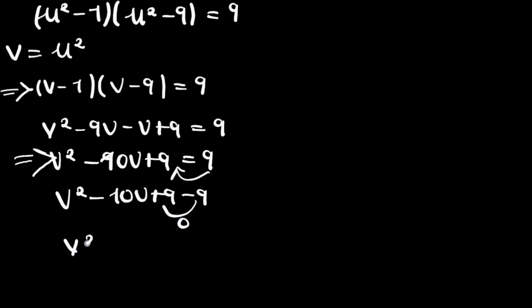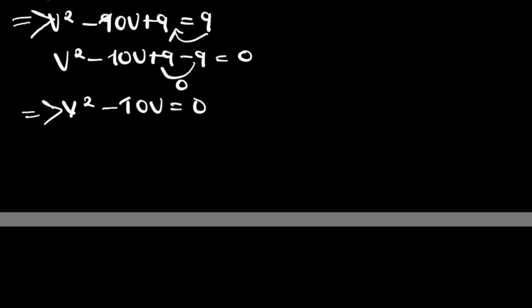We are left with v squared minus 10v equal to 0. From here we can factor out v. If we factor out v, we are left with v times v minus 10 equal to 0.